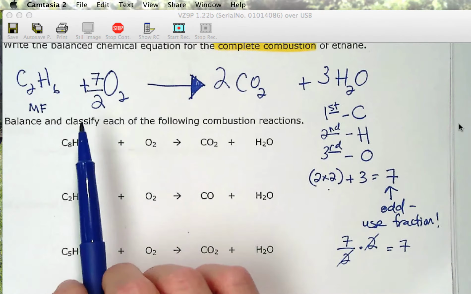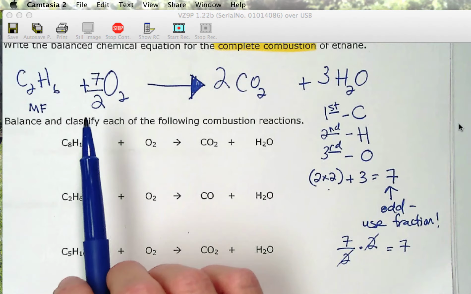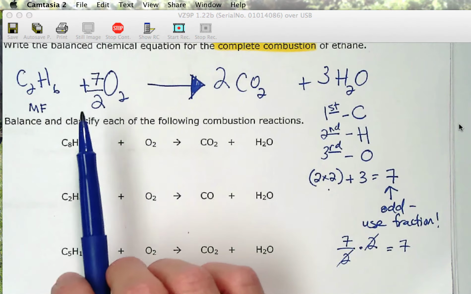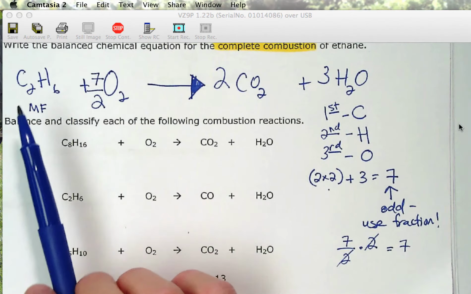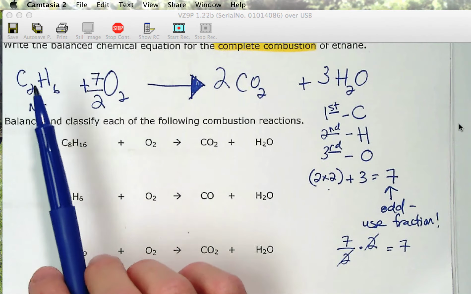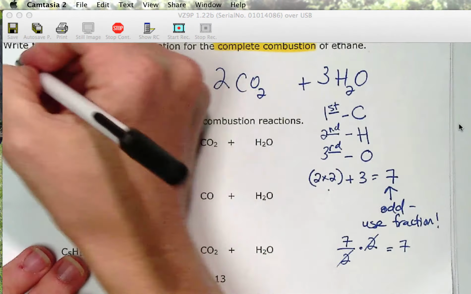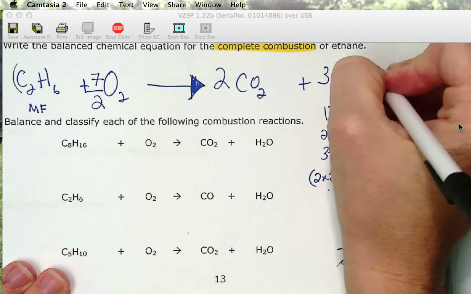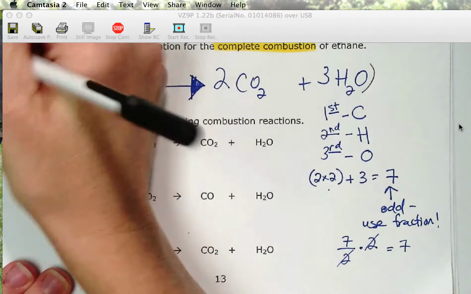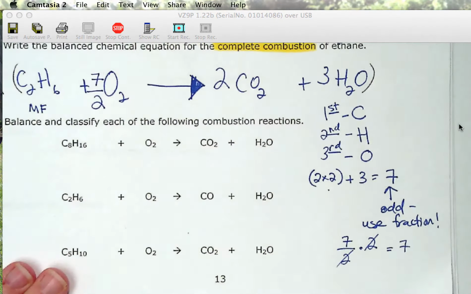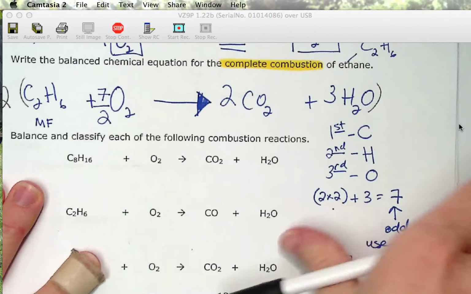But we cannot have fractions in our chemical equation. We have to have whole number coefficients. So how do we get rid of this fraction? Multiply everything by 2. If you can imagine putting a parentheses around this, so you're multiplying everything here by 2, which you can't see.